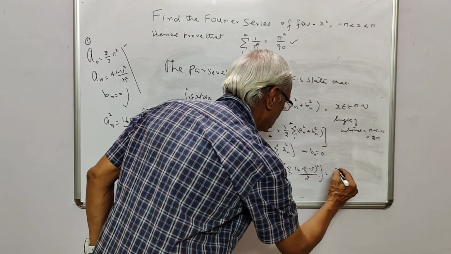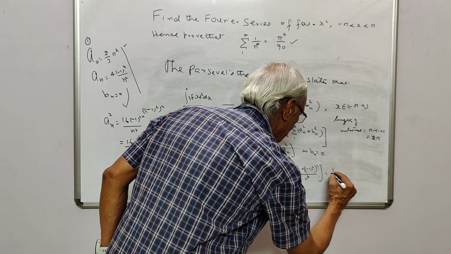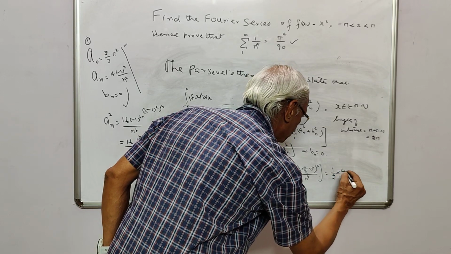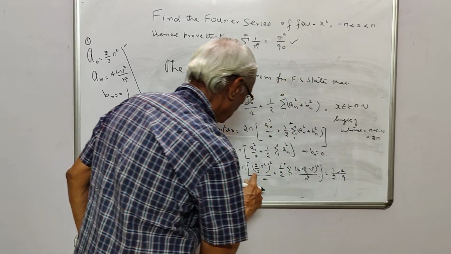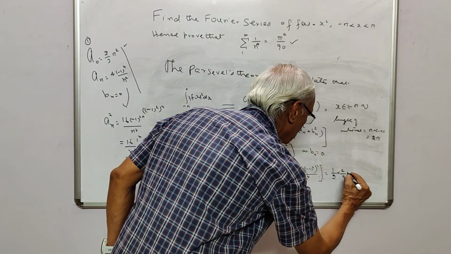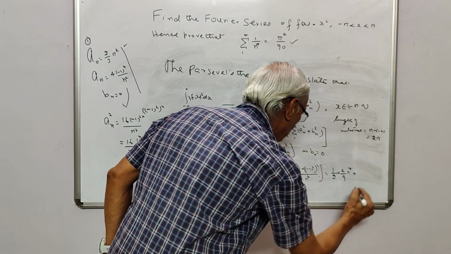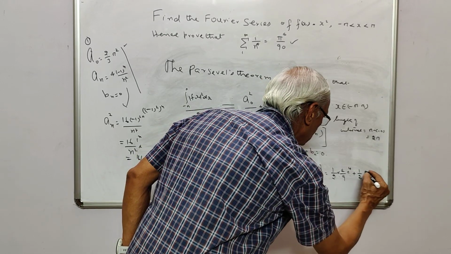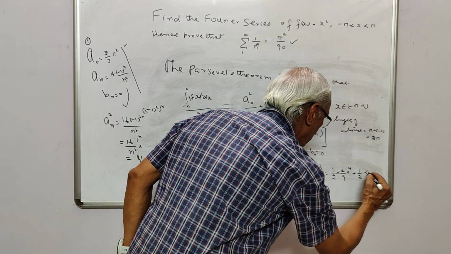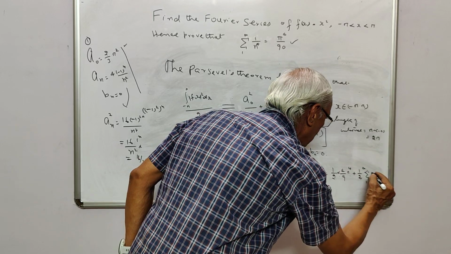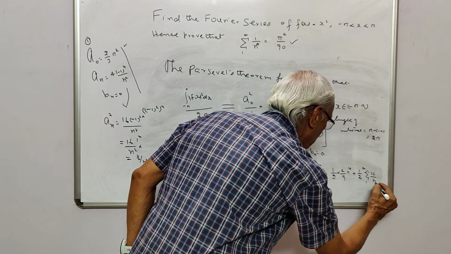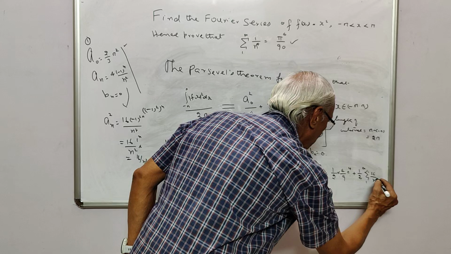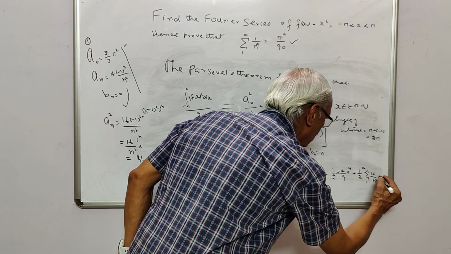If you go for this simplification, 4 by 9 pi to the power of 4 plus half into sigma 1 to infinity 16 by n square. So this is what you get.